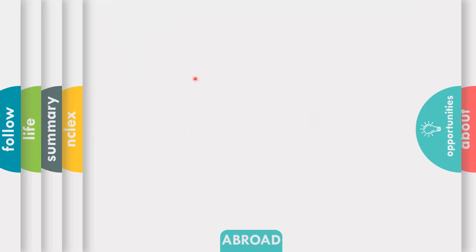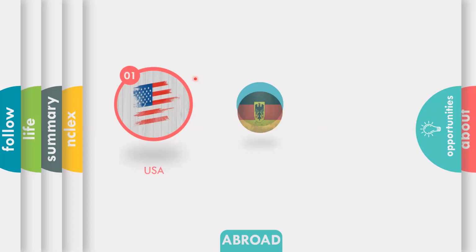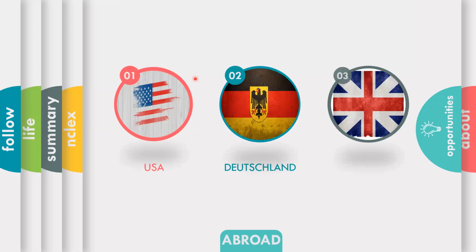And those are the main countries that are actively hiring Filipino nurses. I know there are a lot of countries that have emerging opportunities, like Japan, for example. They started actively hiring Filipino nurses and caregivers last year.